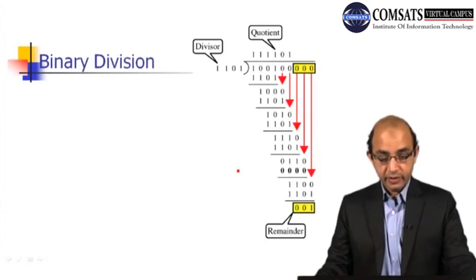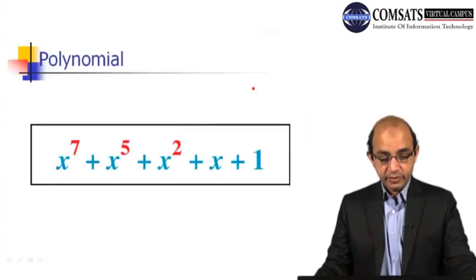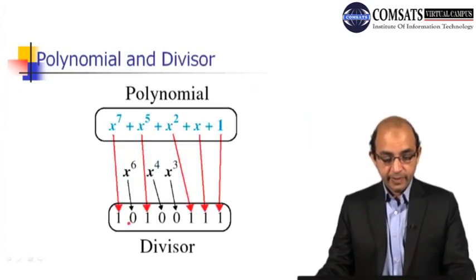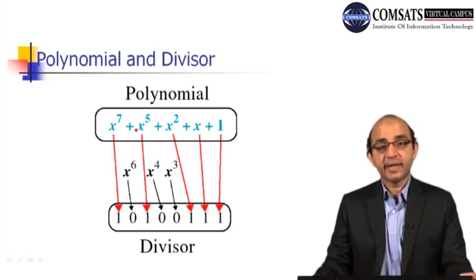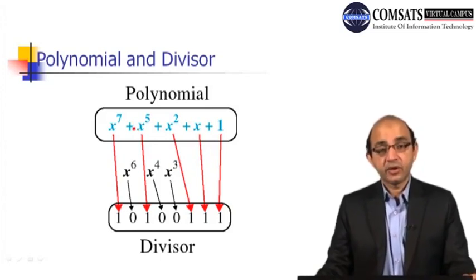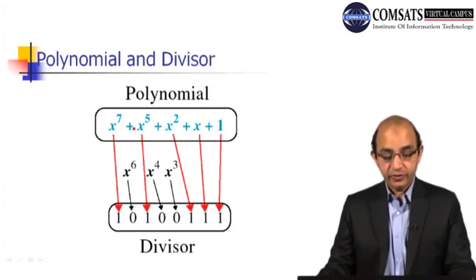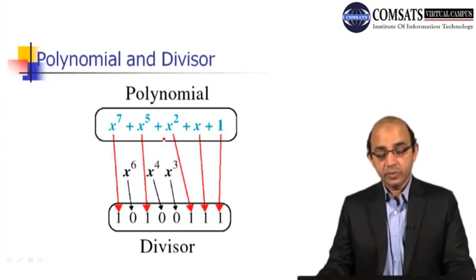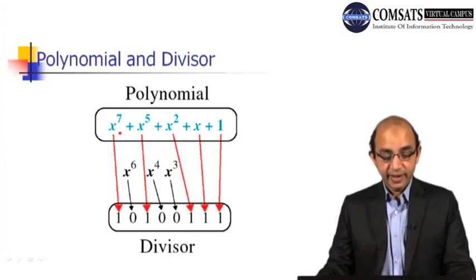So it's a polynomial, and you can see the x7, x5, the bits that have 1 at their corresponding positions.